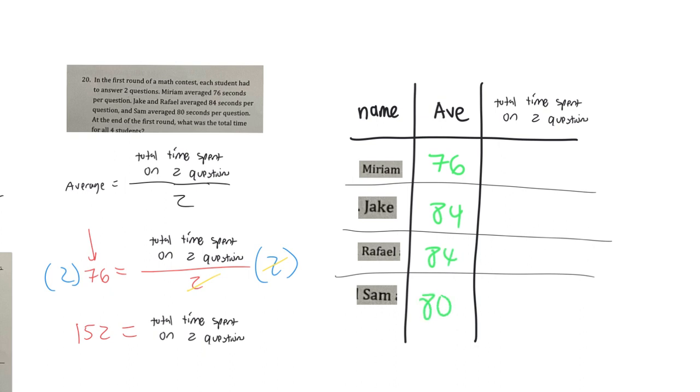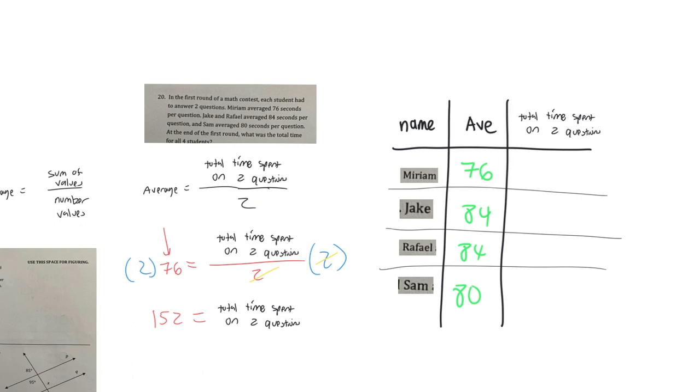And I think we can see that if we want the total time spent on the two questions, all we have to do is take that average and multiply it times 2. That's what we did with Miriam's average before. So therefore, we know for a fact that Miriam is 152. Jake is going to be 168. Same with Raphael, 168. And same with Sam, that's going to be 160.